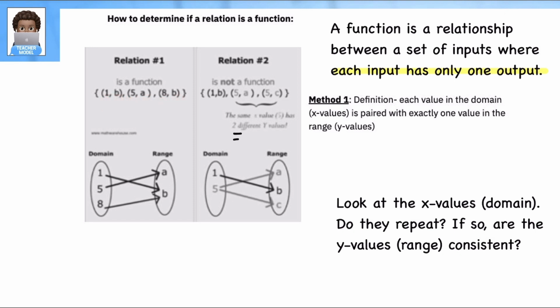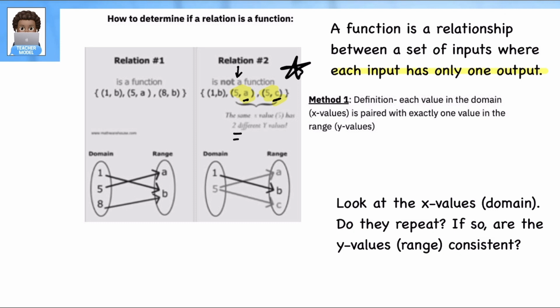But in our second one, here's our red flag, where we have 5 as our input, but I get an A one time and a C another time. So that is why it cannot be a function, because we can't have two different y values. So if you see that, that's your sign that it is not a function.